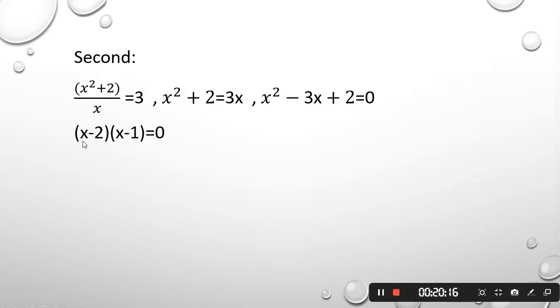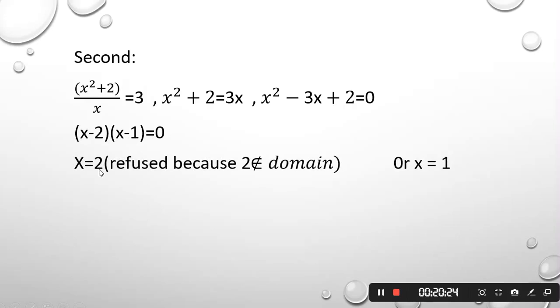This can be factorized to (x minus 2)(x minus 1) equals 0. So x minus 2 equals 0, and x equals 2 is refused because 2 doesn't belong to the domain, since the domain doesn't have the element 2. Or x equals 1.